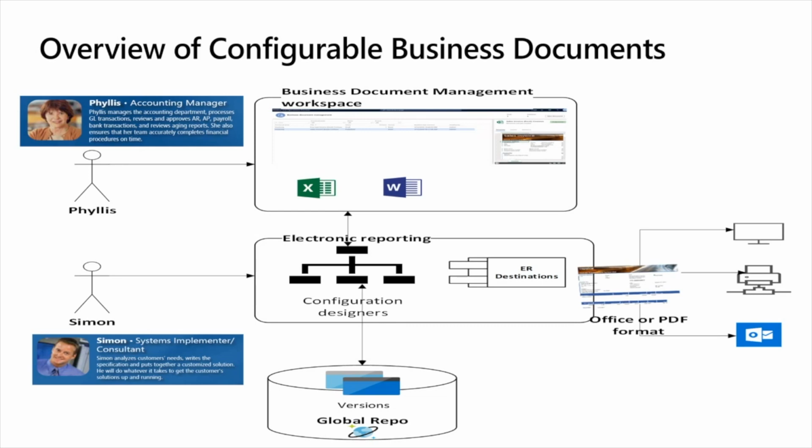And obviously, after all these documents and reports are created, you can publish them to what we call the global repo or LCS, so they're available in different environments for your users.